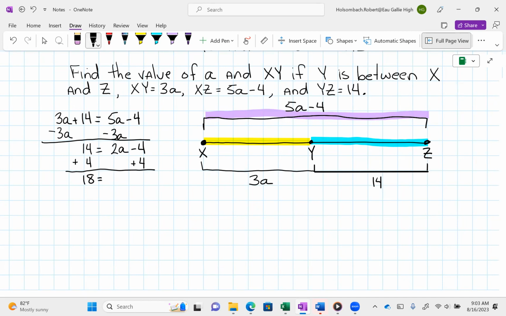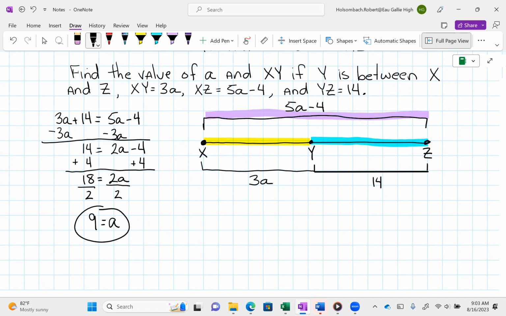And 18 will equal 2A. And then if we divide each side by 2, then 9 is equal to A. So that was the first part of the question. Find the value of A. There's our A. A is equal to 9.